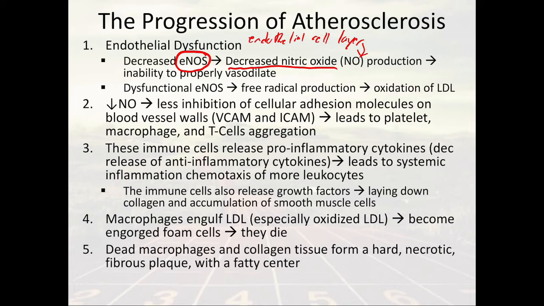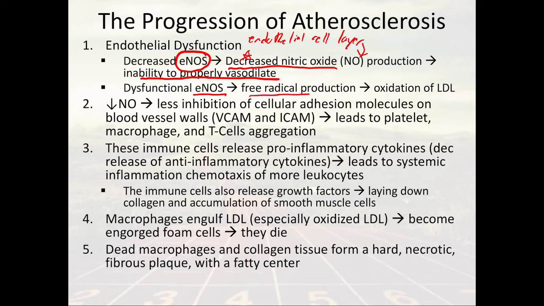In endothelial dysfunction, we see decreased eNOS levels, which leads to decreased nitric oxide levels. One thing that does is lead to inability to properly vasodilate, because nitric oxide is a vasodilator, so we can't open up blood vessels as well. Another thing is that dysfunctional eNOS, instead of producing nitric oxide, produces free radicals.